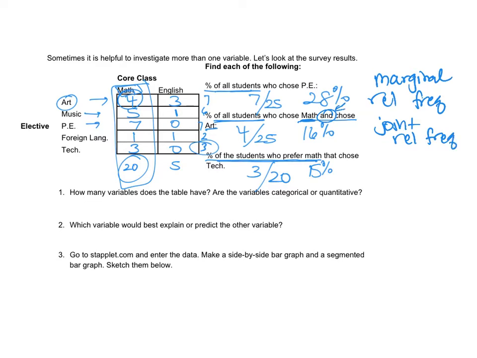We joined the and. And this one is percent of the students who prefer math. So this is a condition has been put on, not just all the students, but the ones that chose math. So this is called a conditional relative frequency. Okay? They're all different. Are you going to be tested on that? Probably not, but it's nice to know the names.